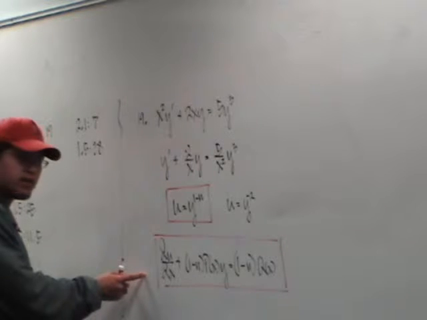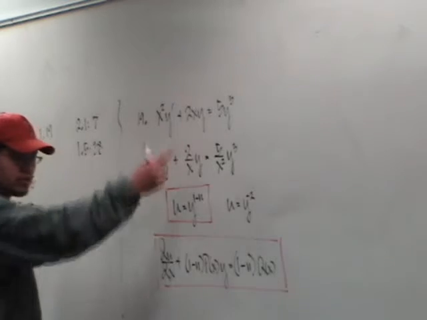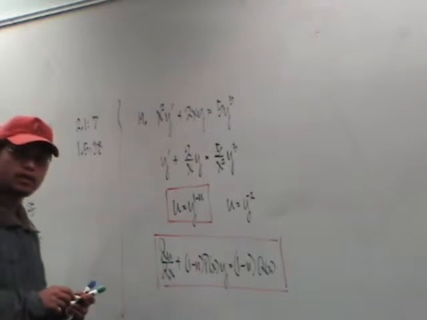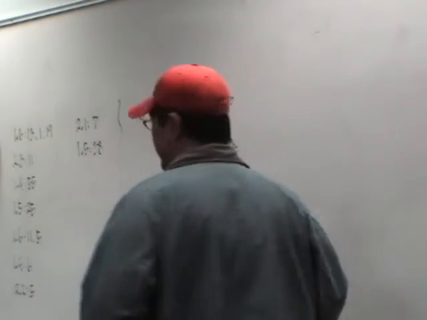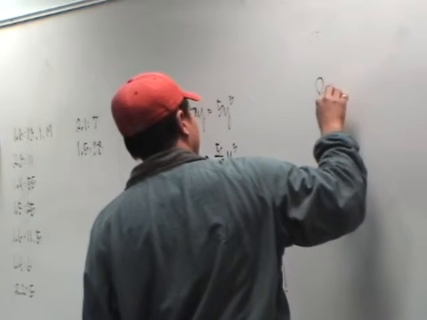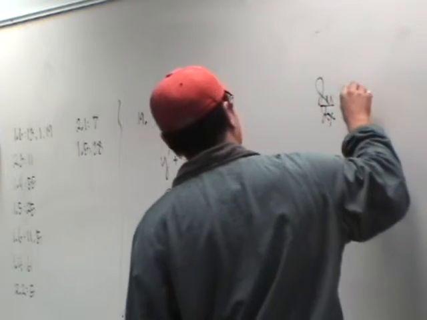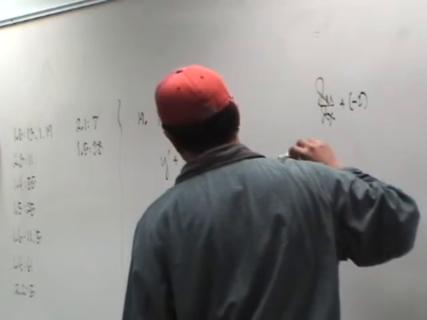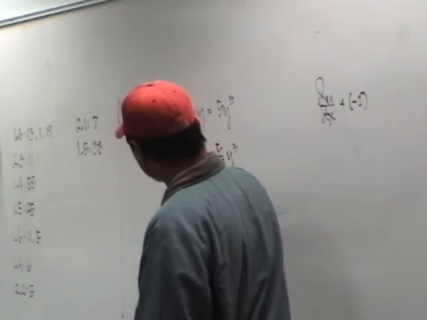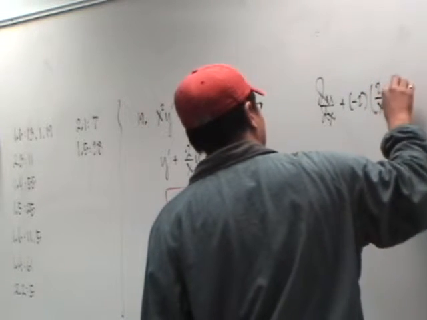Everybody see here, n is equal to what again? n is 3. So you just plug those things in. So the new differential equation that we get is du/dx plus negative 2 p of x, which is 2 over x, times u.